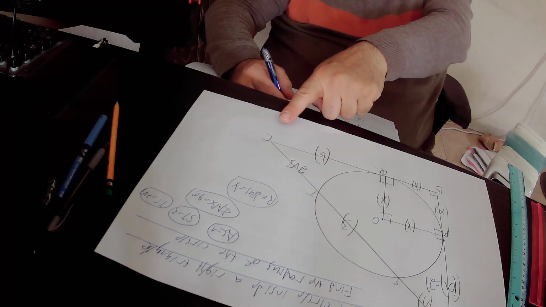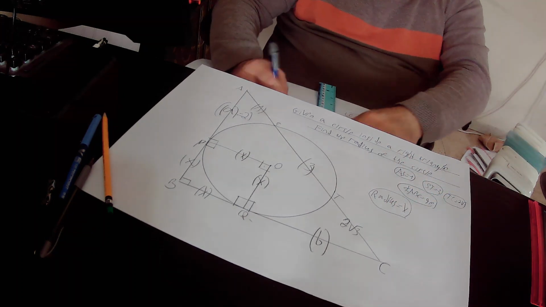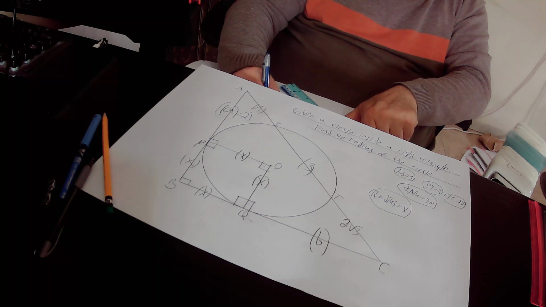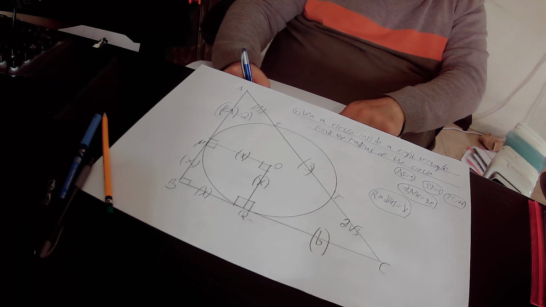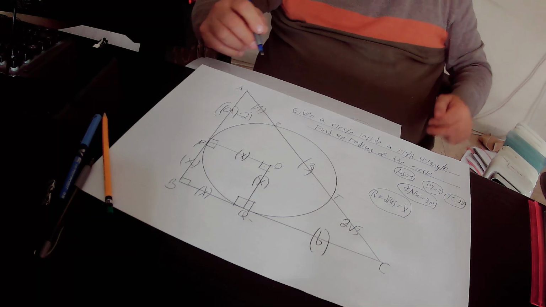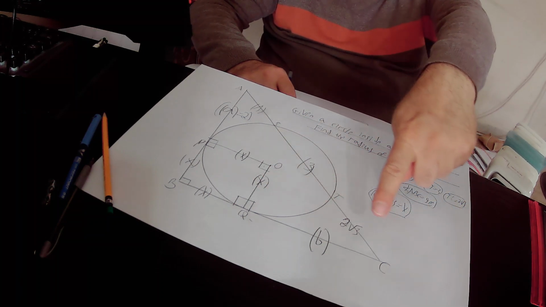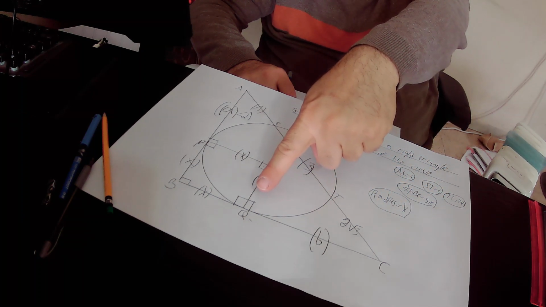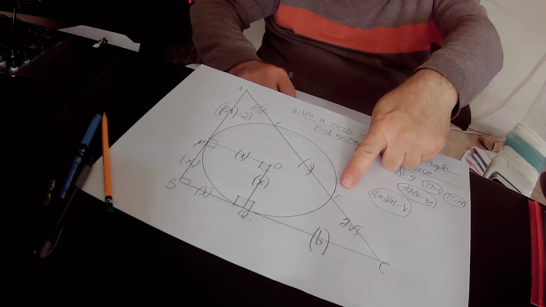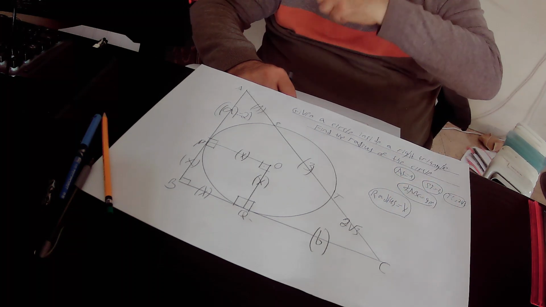If you focus at this point C, according to rule 10, from point C we have tangent CQ, that is tangent to this circle at this point Q. And we also have chord ST of this circle that touches point C. Therefore, we can implement rule 10 here.